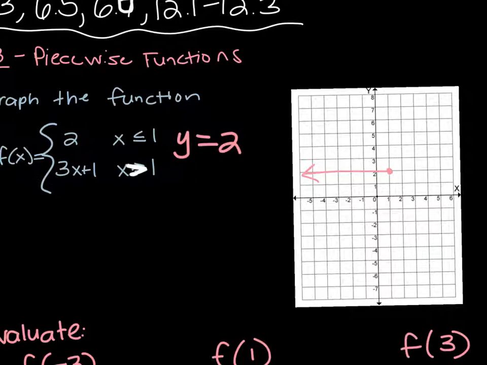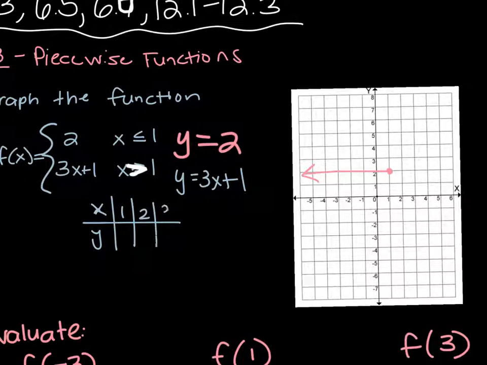And then the second part of that graph is that y equals 3x plus 1 for the values greater than 1. I have two choices here. Plot points starting at 1 and getting bigger than 1. So 1, 2, 3.